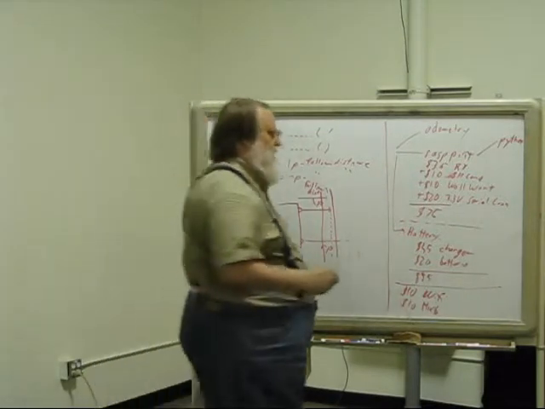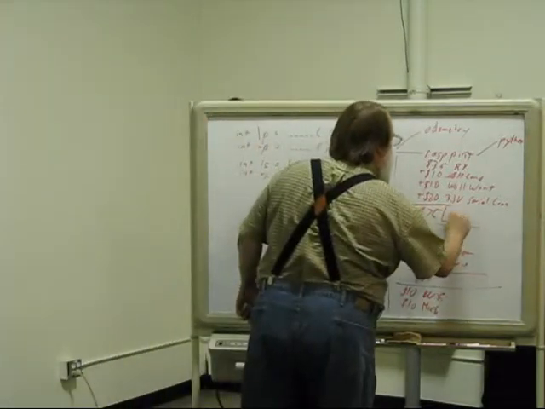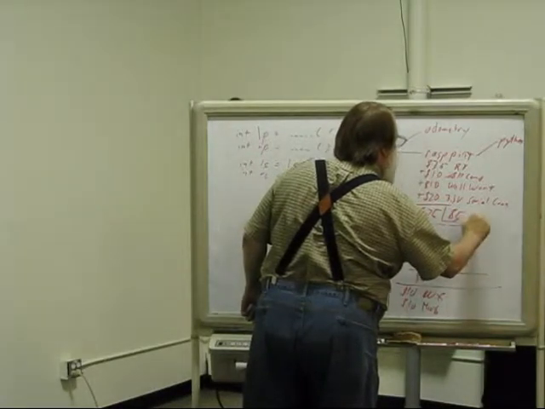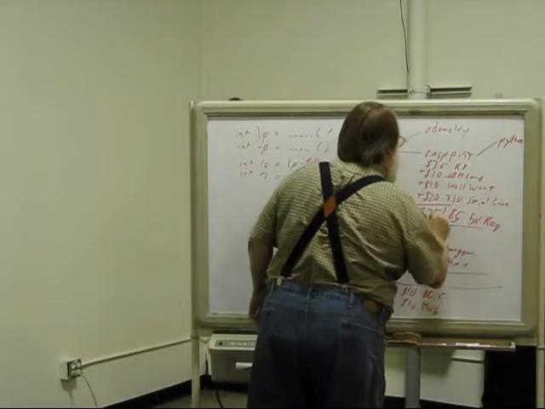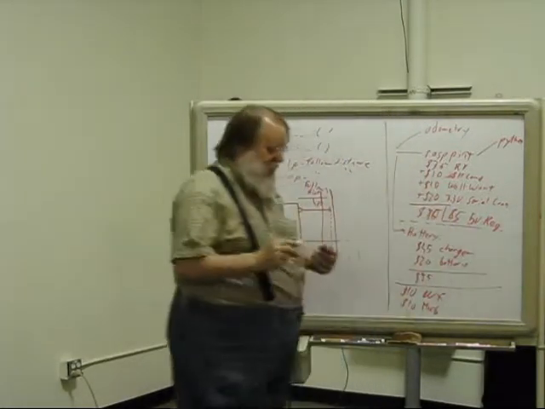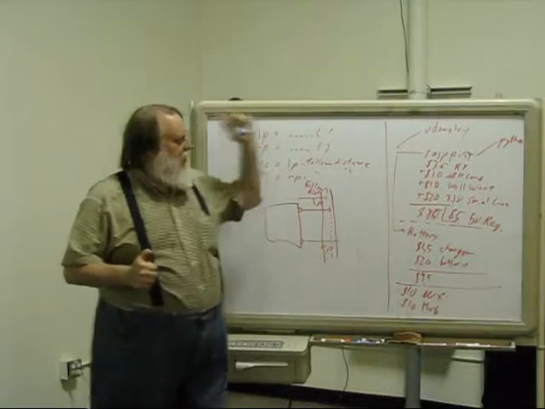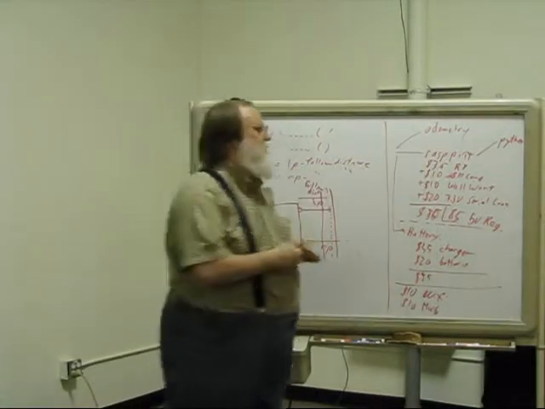I also forgot something over here. We need $5 for a 5-volt regulator. That takes us up to 8. So that's what we do. Anyway, we can do Python and Wi-Fi.